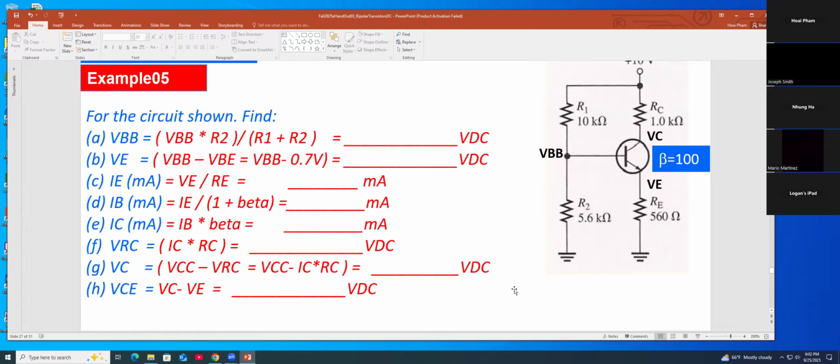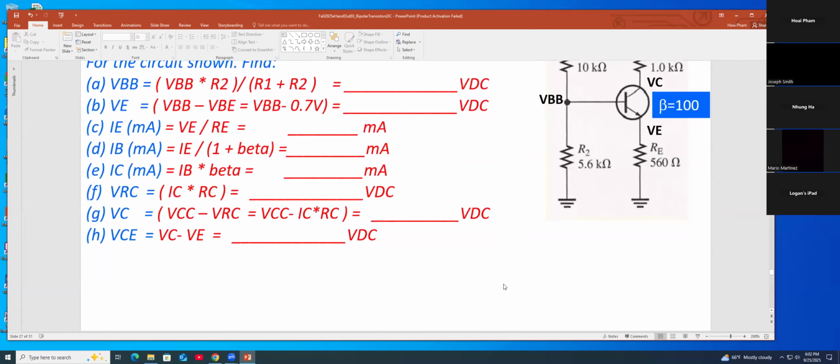Okay? After you get IB, you get IC. And VRC, then VC. Finally, VCE. Try to go through that and do that example.